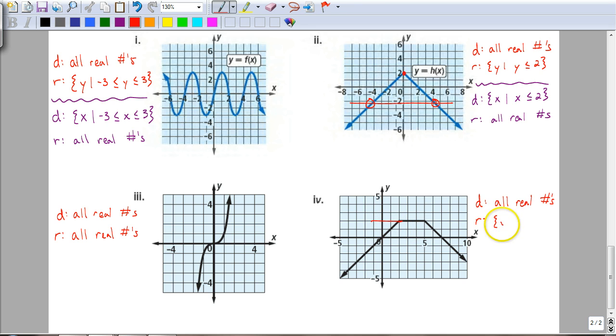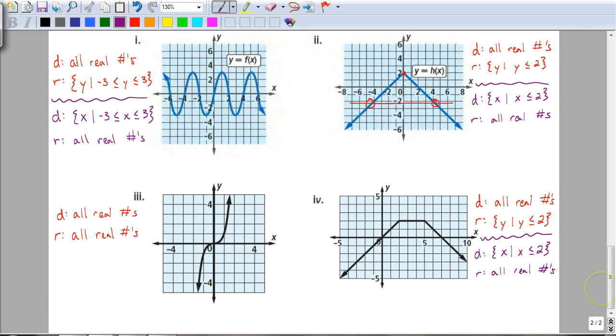So it's going to be the set of all y's such that y is less than or equal to 2. So to find the domain and range for the inverse, we would say the domain is going to be the set of all x's such that x is less than or equal to 2. And the range is going to be all real numbers.